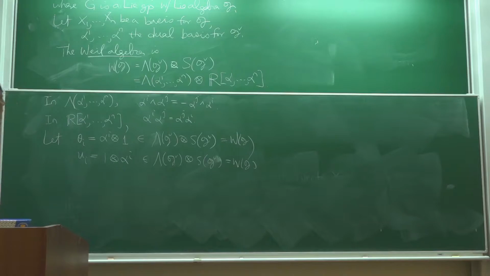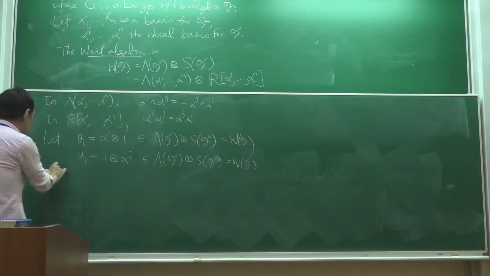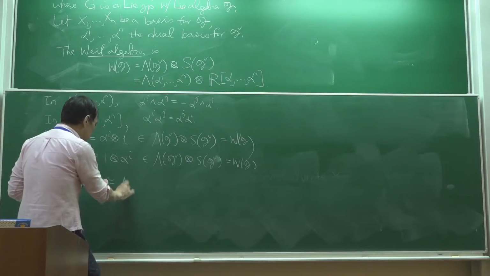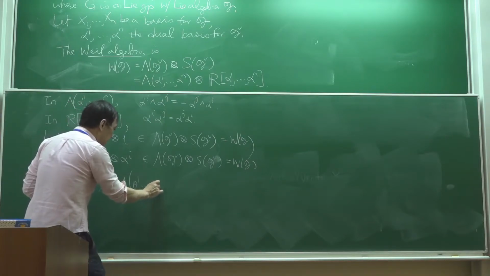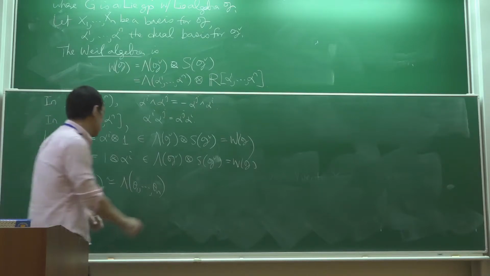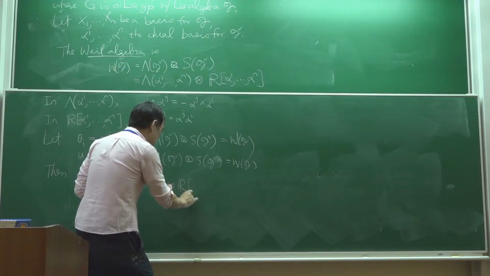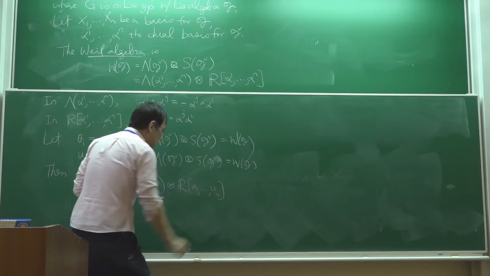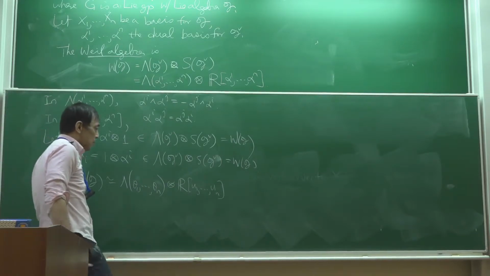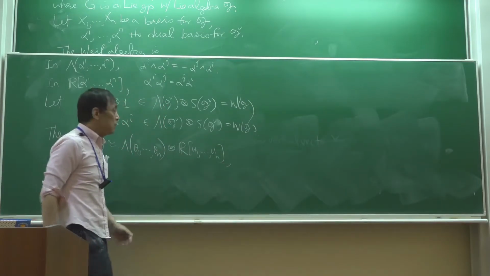And then the Weil algebra, you can say that it's generated by the theta i's and the u i's. And then we make this into a graded algebra.